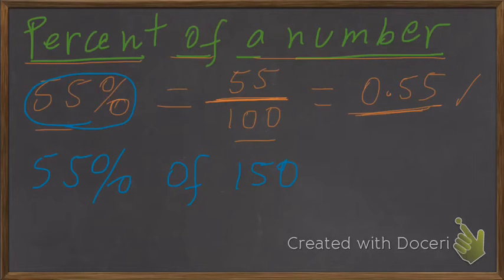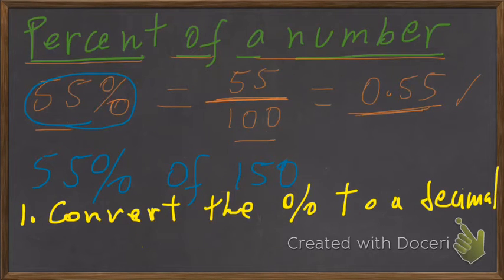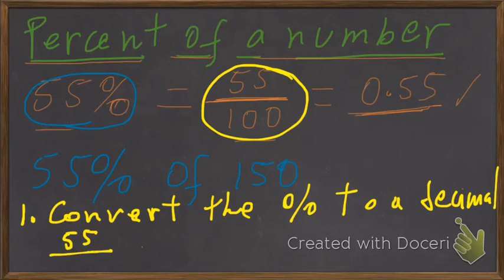The first thing you have to do, step 1, is convert the percent to a decimal. To convert the percent to a decimal, you divide 55 by 100, and it gives you 0.55.